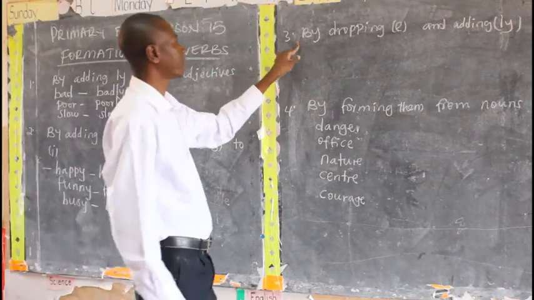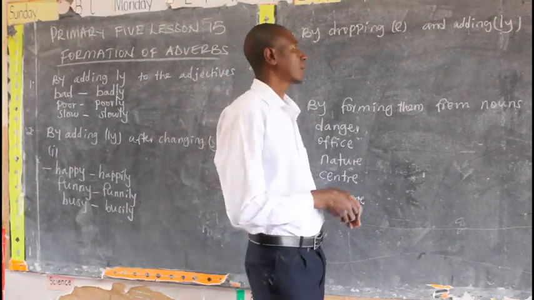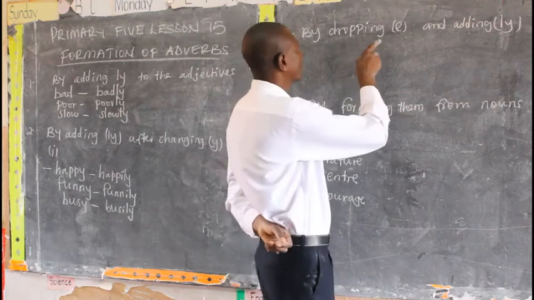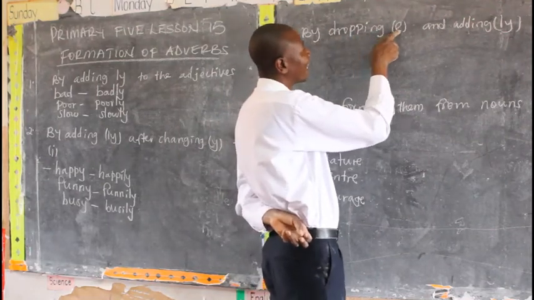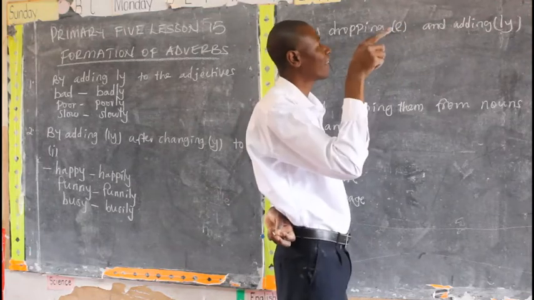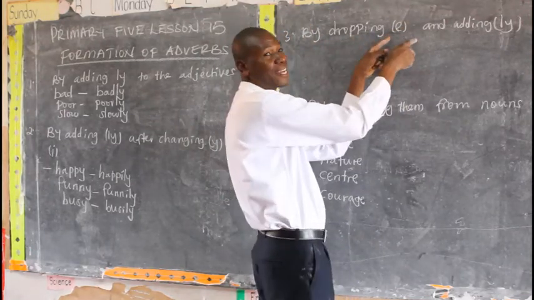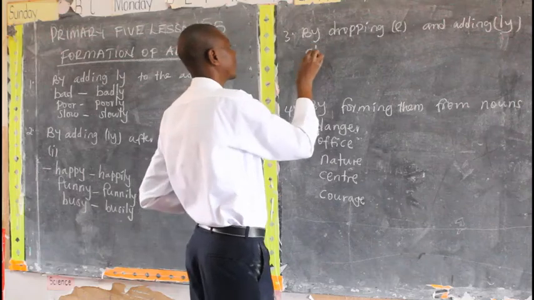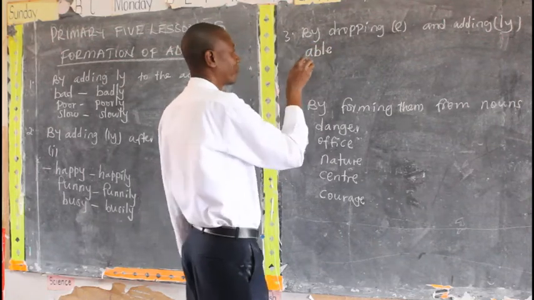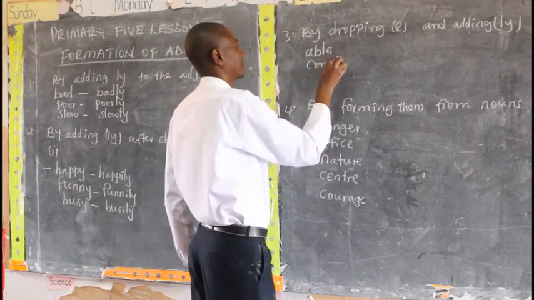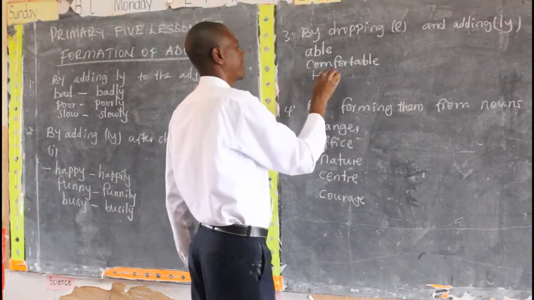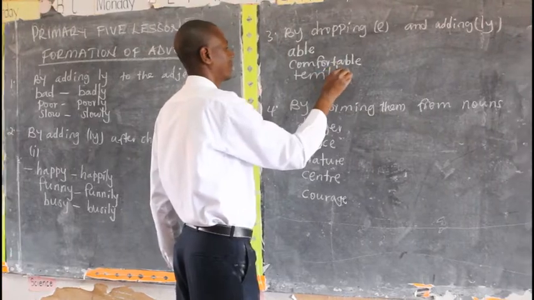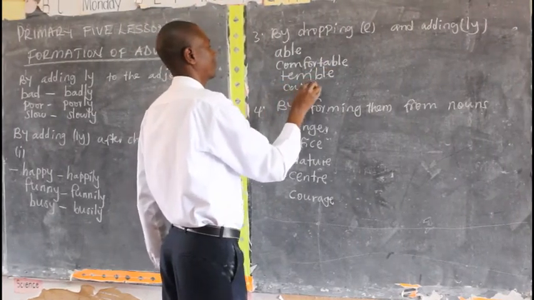Look at number 3 here, where we have some adjectives which end with letter e, and when they are forming their adverbs, they drop letter e. I shall give you adjectives: able, comfortable, terrible, capable.